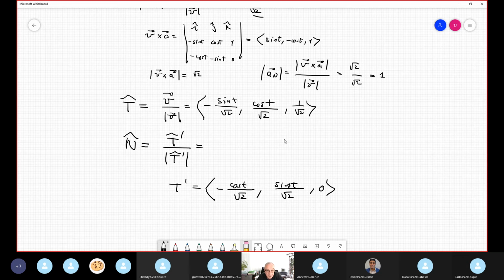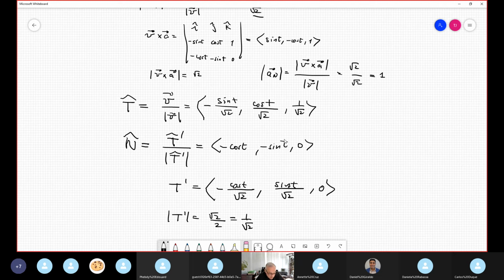So when you divide by the magnitude of this, which by the way is radical 2 over 2, or 1 over radical 2, which is the same, the unit normal vector is now minus cosine t, comma, minus sine t, comma 0.